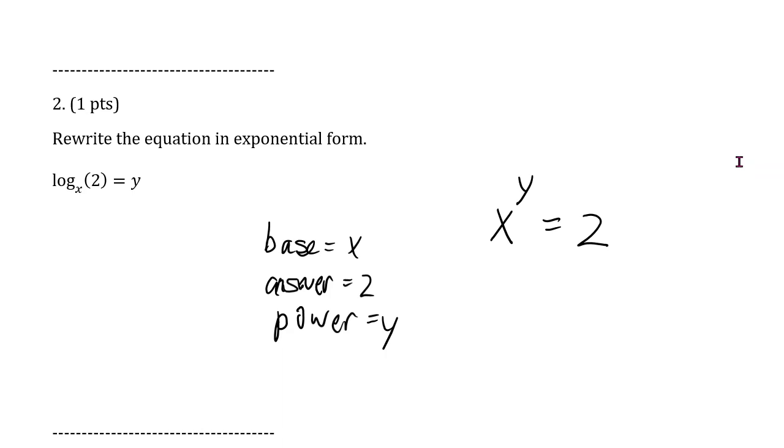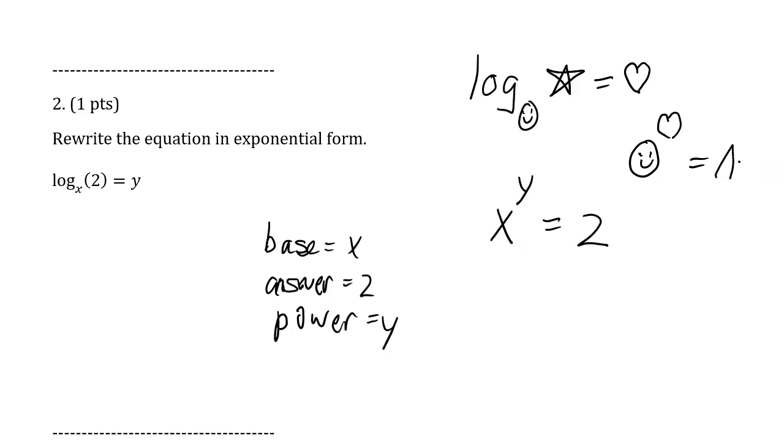Don't go by what's in the position, go by the position itself. That means that if I put something silly on the test, like log base happy face of star equals heart, you should be able to convert that to happy face to the power heart equals star.